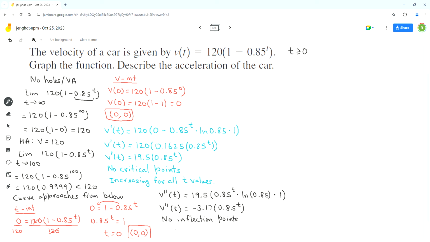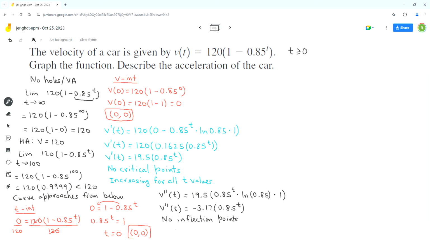Now we can check whether the function will be concave up or concave down over the interval t greater than or equal to 0. For all t values, 0.85 to the power t will give us a positive term, and if we multiply that by negative 3.17, we'll get a negative value for the second derivative for all t values. And we know that if the second derivative is less than 0, that means the function is concave down.